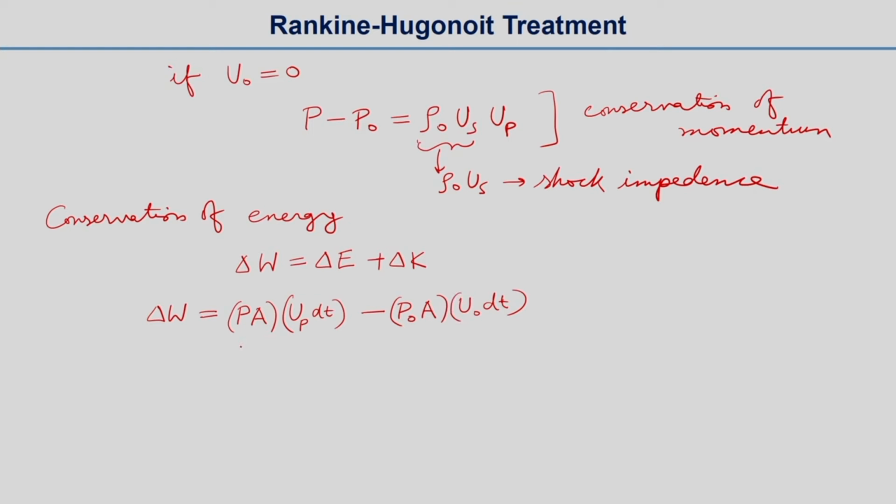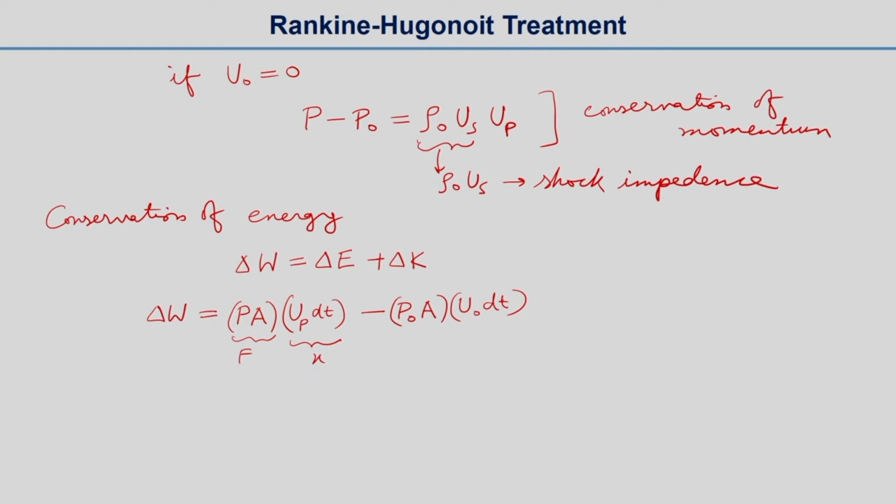So basically we can write F into x. So this is considering the original reference system. So we are not taking apparent velocity or something.